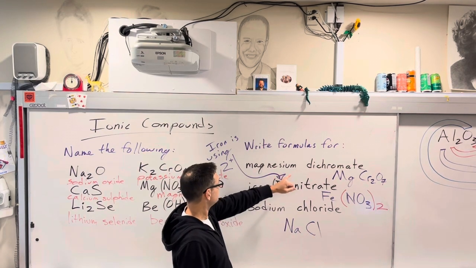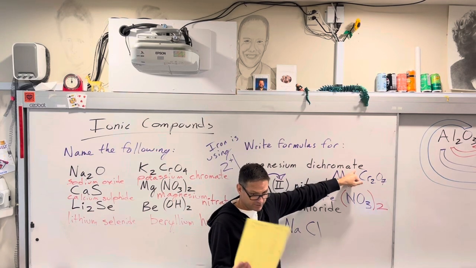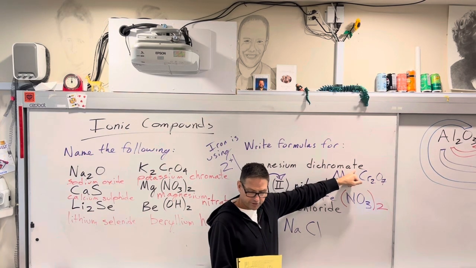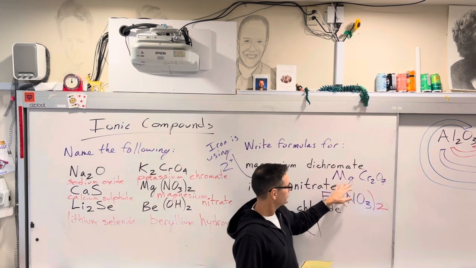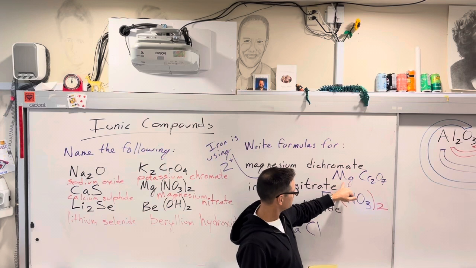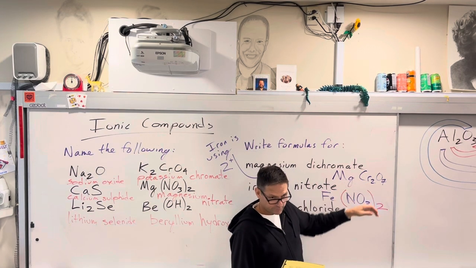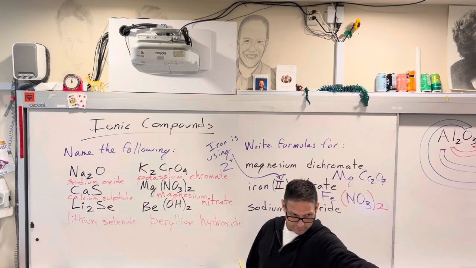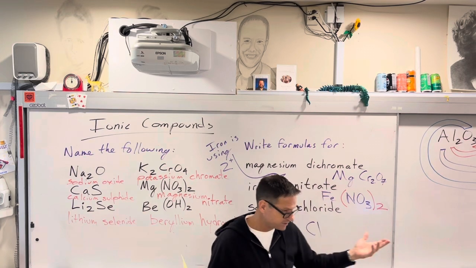So you go magnesium is Mg, and then dichromate does not end in IDE, so you look on the back, and you go dichromate is Cr2O7. There's no extra numbers here because magnesium is +2 and dichromate is -2. So the magnesium gives 2 to 1 dichromate, and you only need 1 of each, and you don't need any extra numbers.